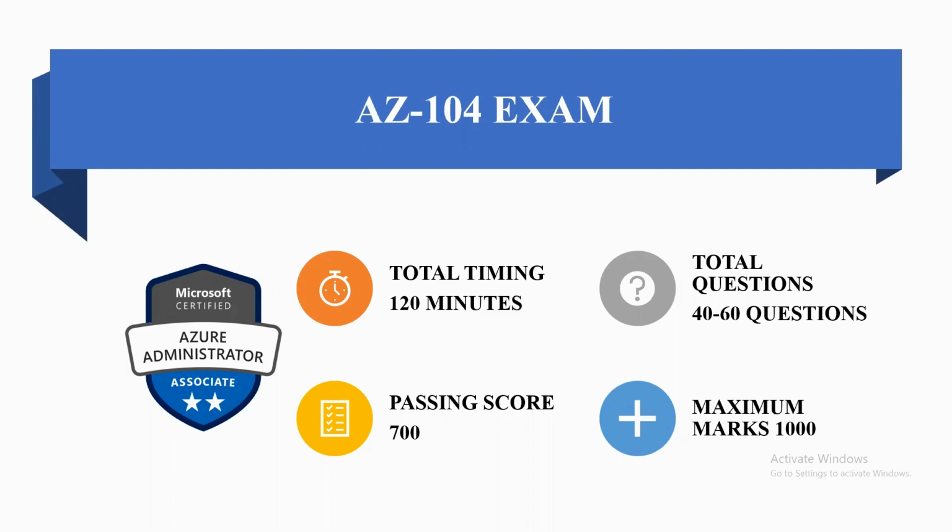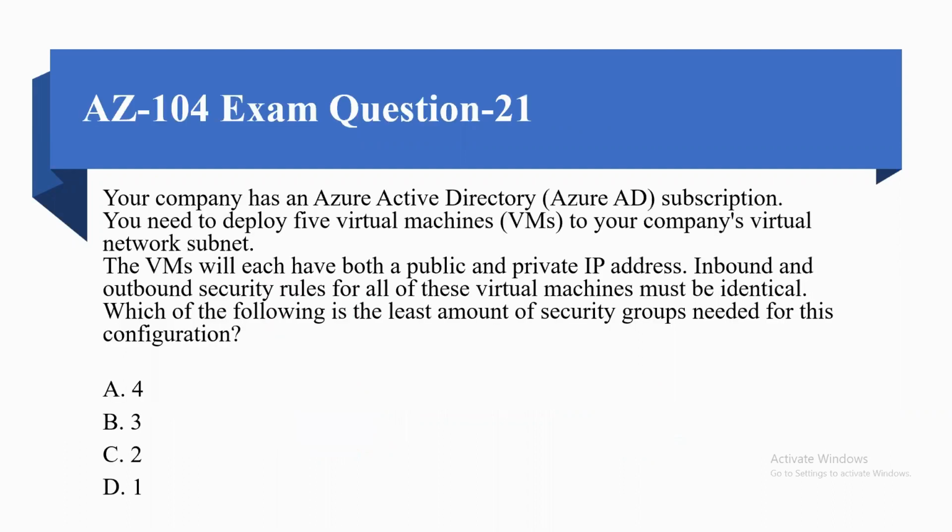Coming towards questions. Question is, your company has an Azure Active Directory subscription. You need to deploy 5 virtual machines to your company virtual network subnet. The VMs will each have both a public and private IP address.